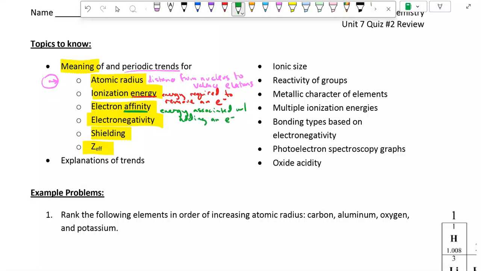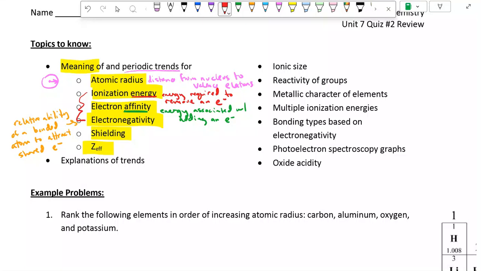So how much is that atom going to like an additional electron? Okay, electronegativity is the relative ability of a bonded atom to attract shared electrons.